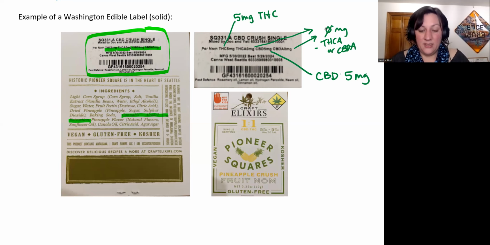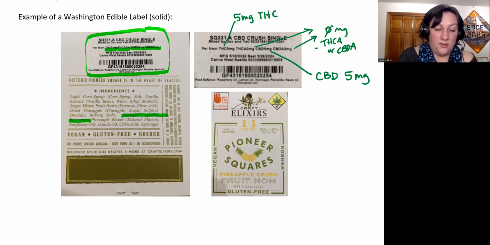But then there's lots of other information on here too, mostly around the actual food product that was created. And on the front label, it's also really upfront about what users are getting. So it says right here, 5 CBD and 5 THC for a total of 10 milligrams. And so it's giving that total 10 milligrams for both of those two cannabinoids.